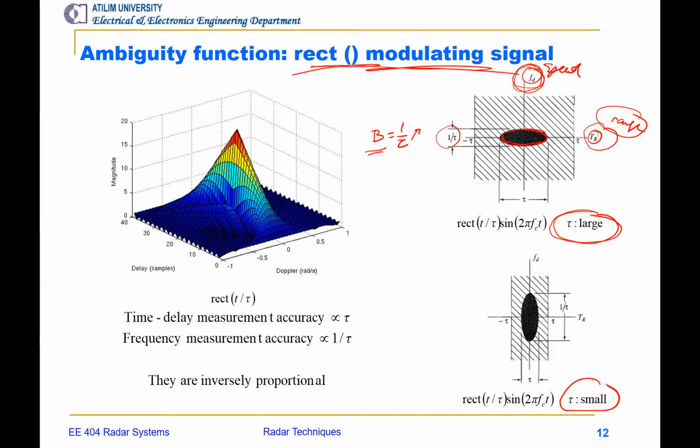When we get a small tau, a short pulse, the ambiguity over the Doppler axis will be greater, and the ambiguity over the time axis will be smaller, which means that we can measure the range more accurately.